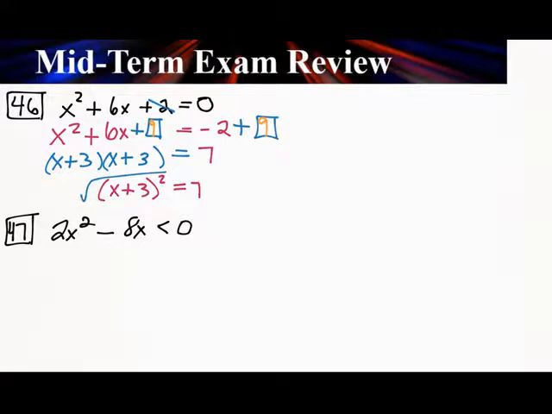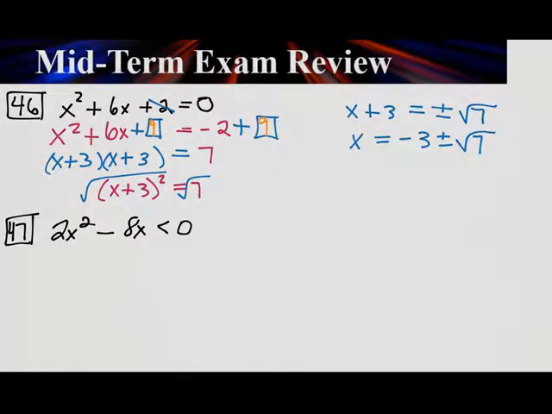So I'm going to square root the left-hand side and square root the right. That's going to give me x plus 3 equals plus or minus the square root of 7. Now all I have to do is just subtract 3 on the other side, and I get negative 3 plus or minus the square root of 7. And this is my final answer.